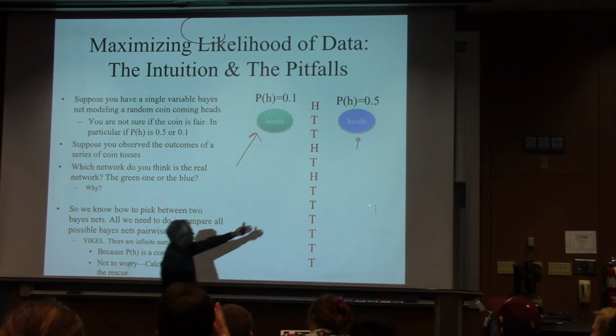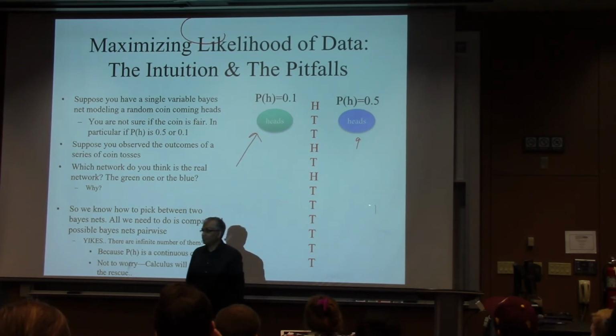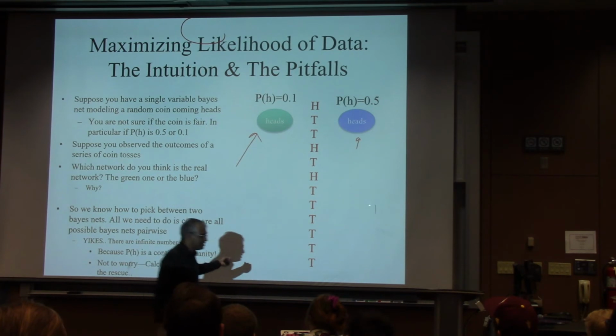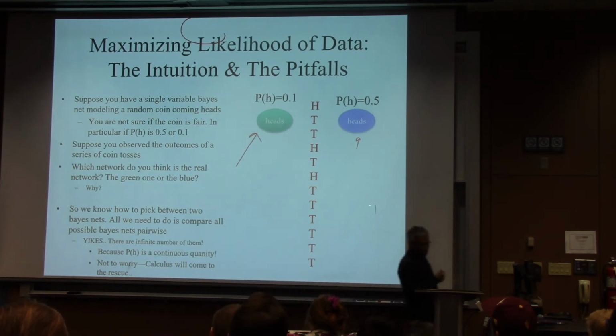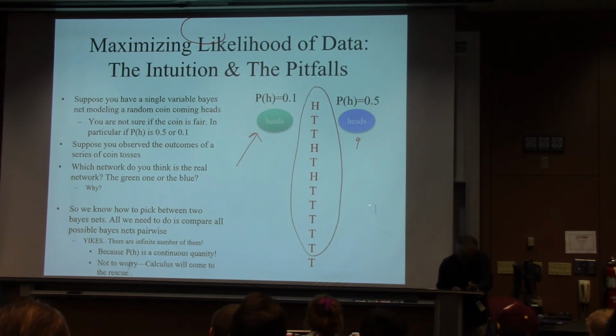So anyway, this one is saying tails most of the time. So clearly, you would think it's the unfair coin. Because now you can actually quantify this. What is the likelihood of this data being generated by this green guy?